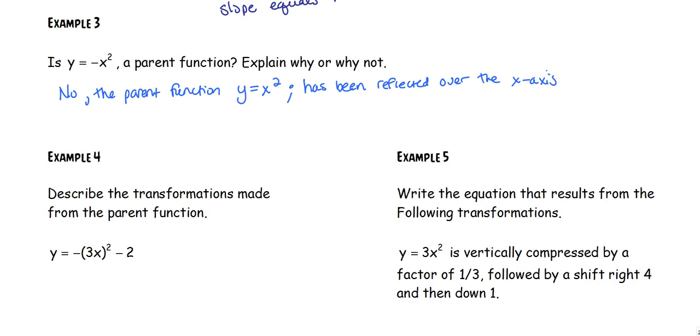So make sure that when you see a question like this on a quiz or a test, you have a complete explanation. You can't just say no. You have to say why. The parent function would be x squared, and explain why this is different than the parent function. This is representing a reflection over the x-axis. That's why it's not the actual parent function.